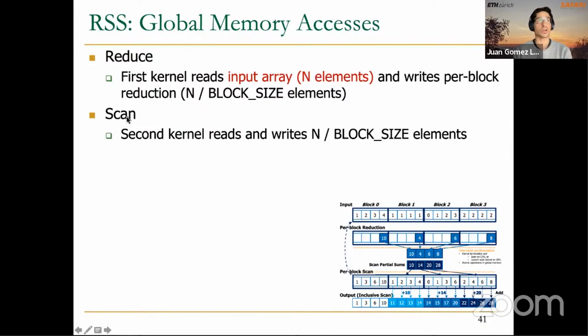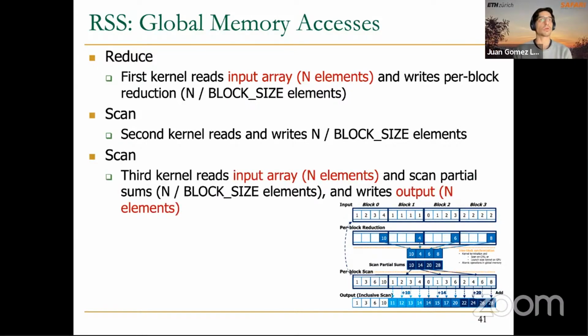In the second kernel, the scan kernel, we perform the scan of partial sums, but we consider the size of this array of partial sums negligible compared to the size of the whole input or output array. And finally, in the third kernel, again a scan kernel, we compute the per block scan, so we have to read the whole input array of n elements.